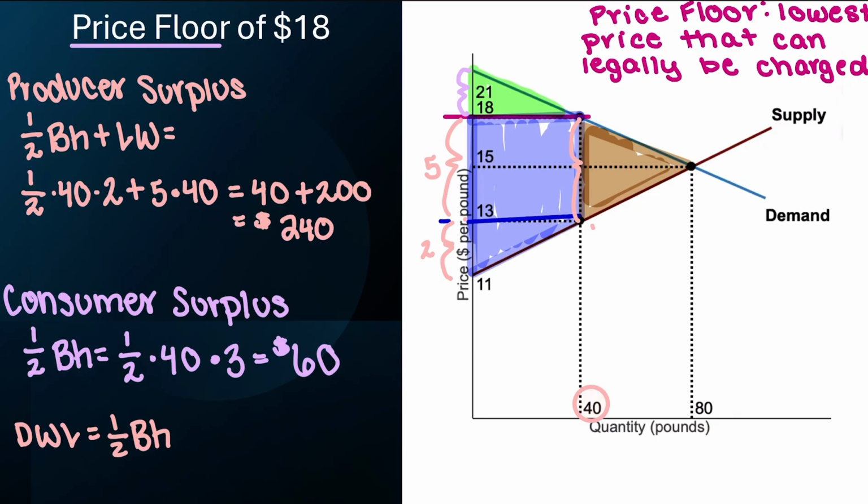If we take our quantity, we go up to our supply curve, we see that it would have been $13. So it's the difference between 18 and 13, which is 5. So 1/2 times 5. And then the height is going to be the difference between the quantity that we're actually selling at our price floor and our equilibrium quantity. So 80 minus 40 gives us 40. So 1/2 times 5 times 40 is going to give us 100.